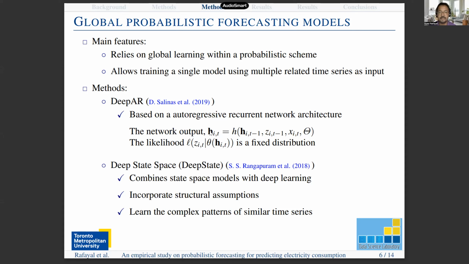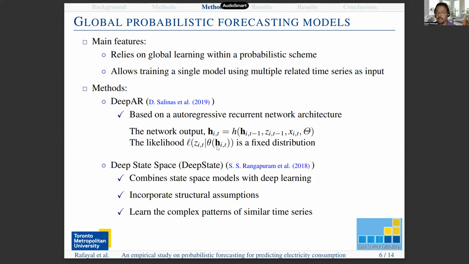The model is autoregressive because the observation at the last step is used as an input, and it is recurrent because it uses the previous output of the network. The likelihood is a fixed distribution whose parameters are given by a function theta of the network output h.